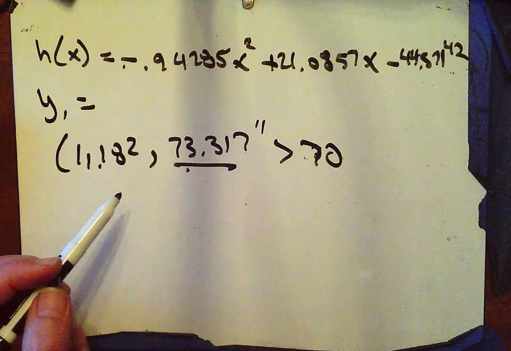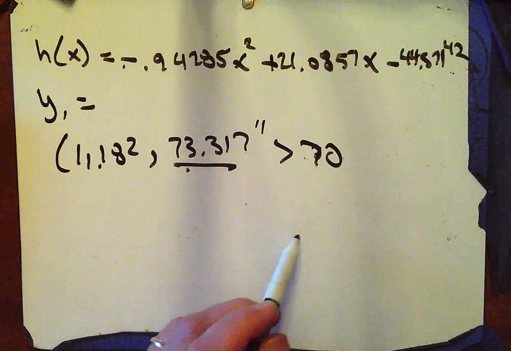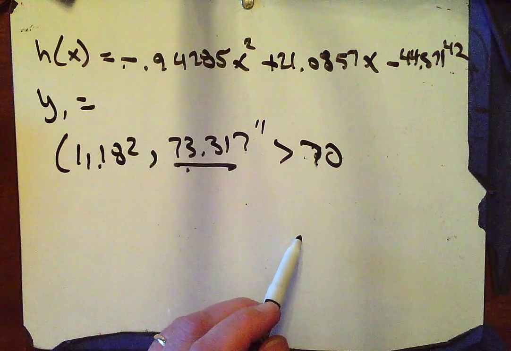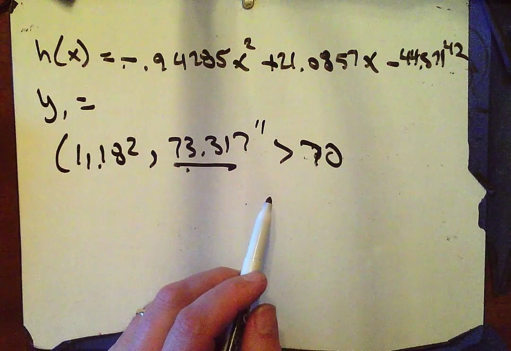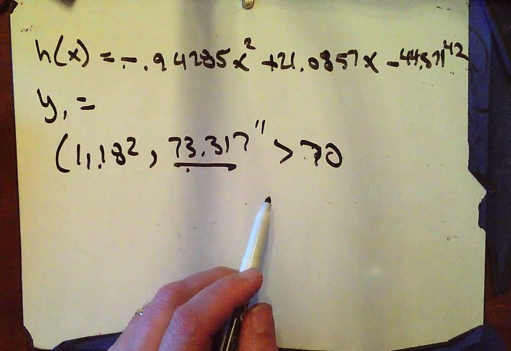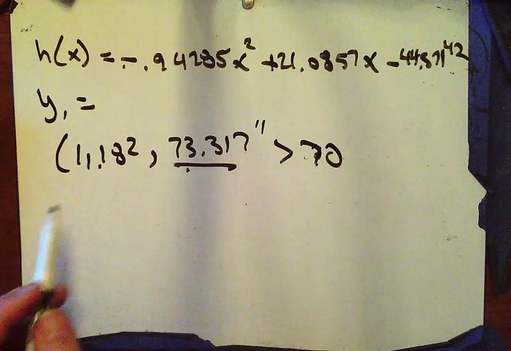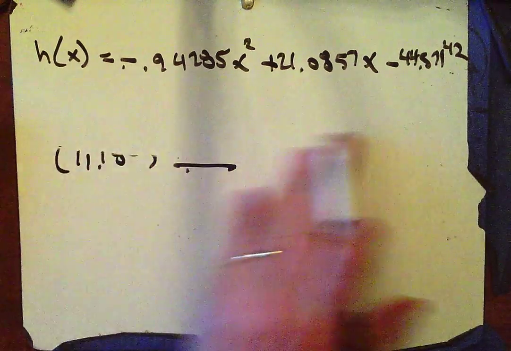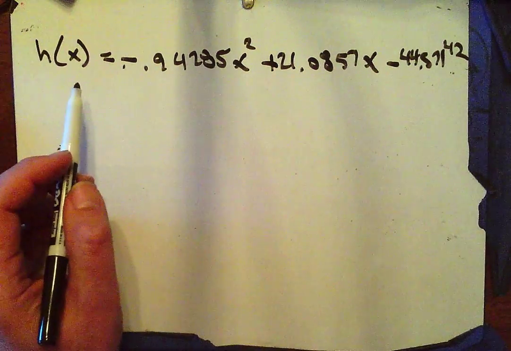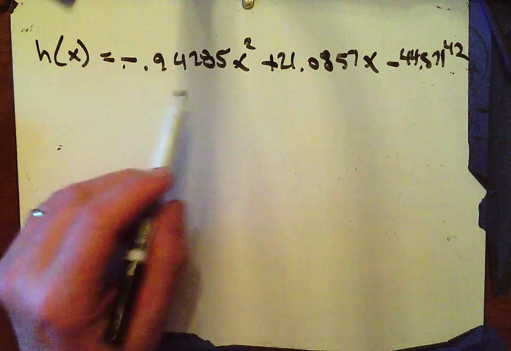Huh. Well, let's see. It's very interesting. X is in feet. Okay. And H is in inches. 18 feet. Well, 18 is my X value.